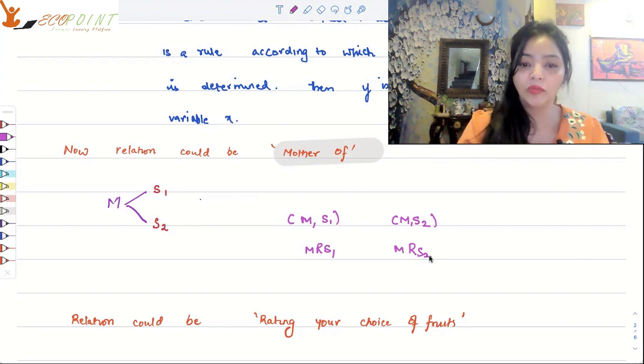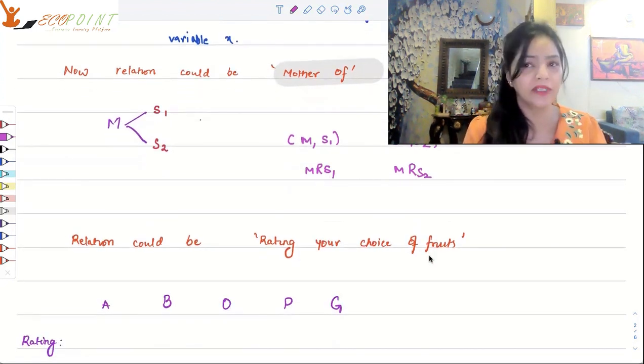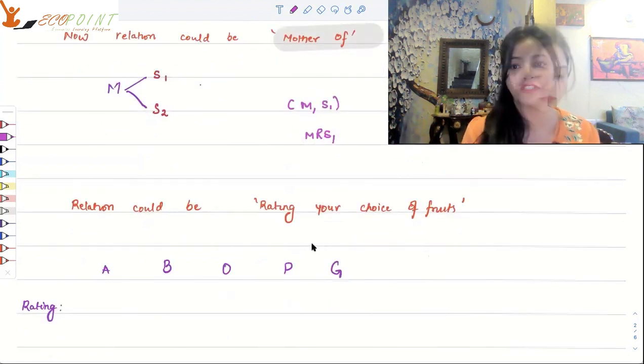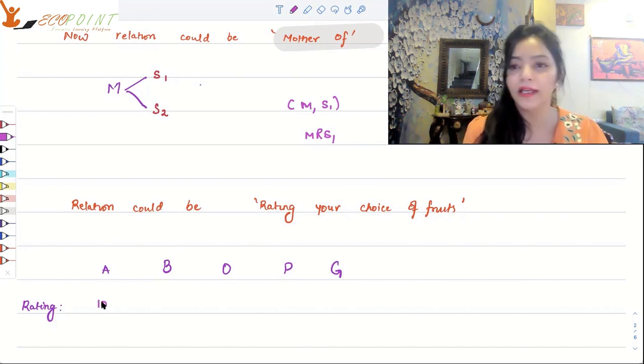A relation could be, for example, rating your choice of fruits. Suppose you have apple, bananas, oranges, pineapple, and guava available to you. According to your preference, you can rate them from, say, 1 to 10. If you give 10, that means it's your favorite. So if I say A gets the rating 10, I love apples. From my side, apple is a 10 pointer.